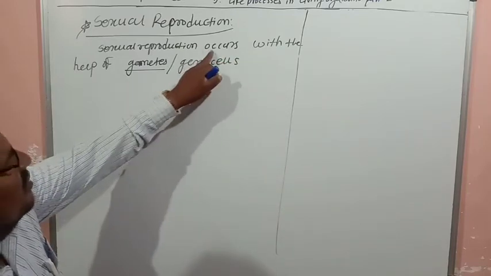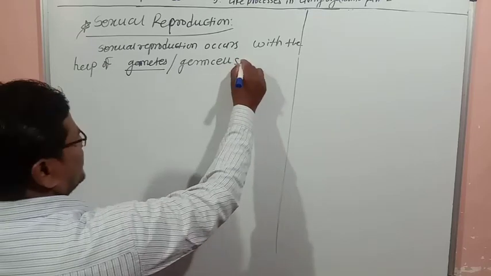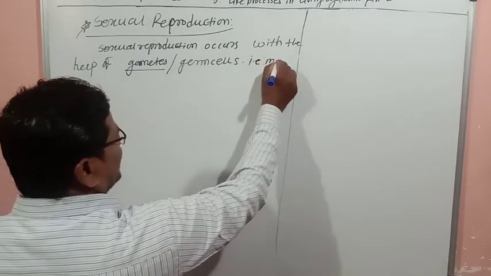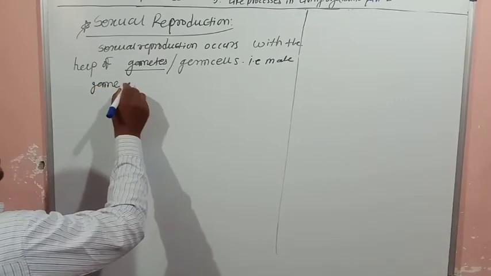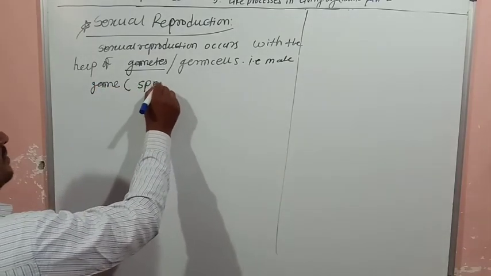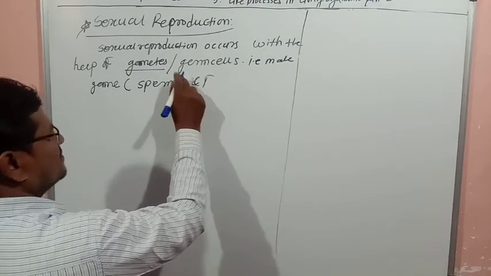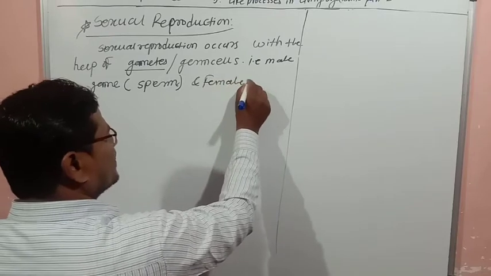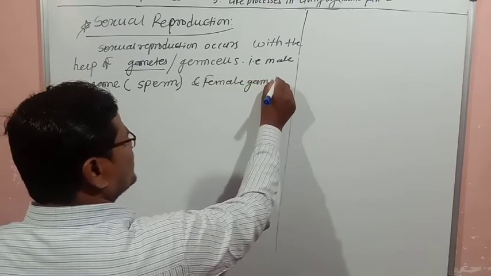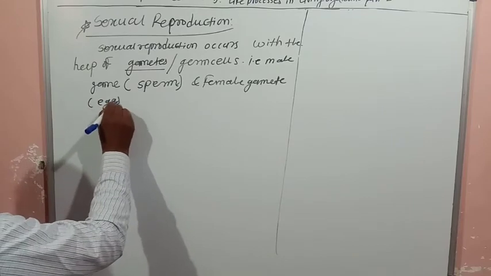They are the male gamete, also called a sperm, and the female gamete, also called an egg.